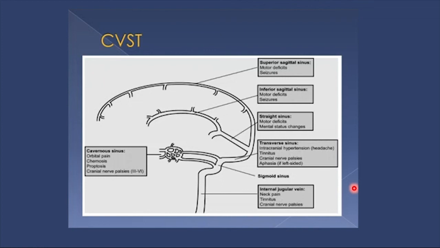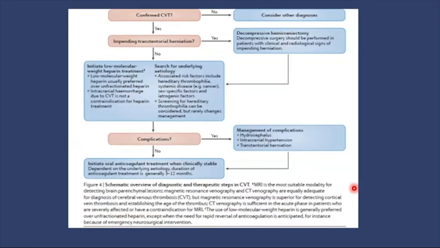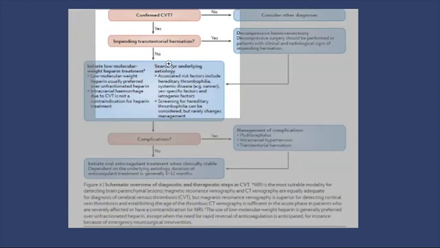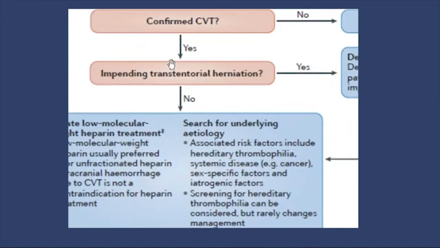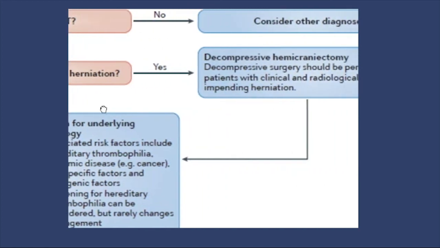That may occur with cavernous sinus thrombosis. And the rest as well are mentioned in the slide there. This again is a slide I can quickly go through, but which you can go through later again even more comprehensively.